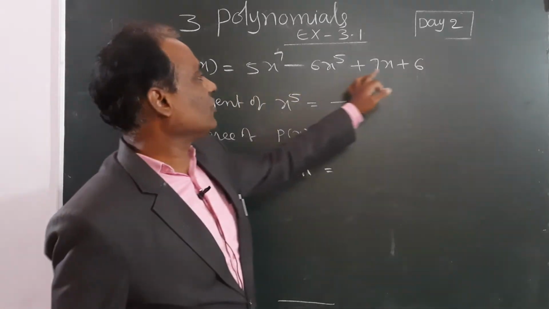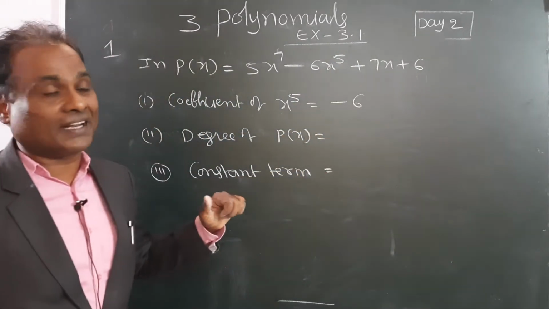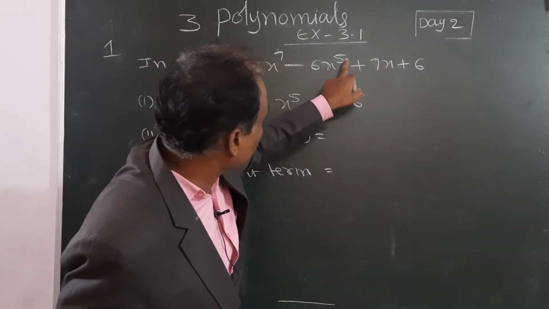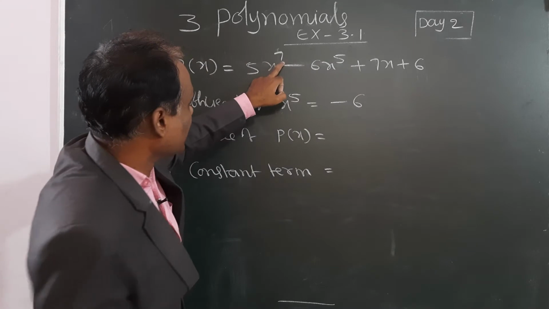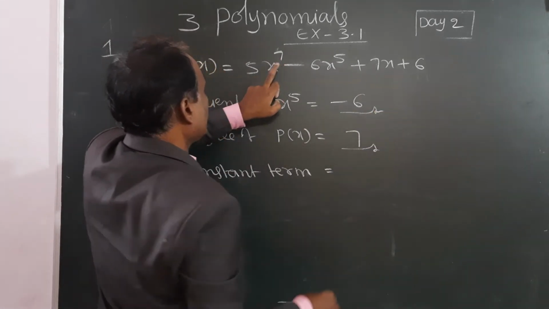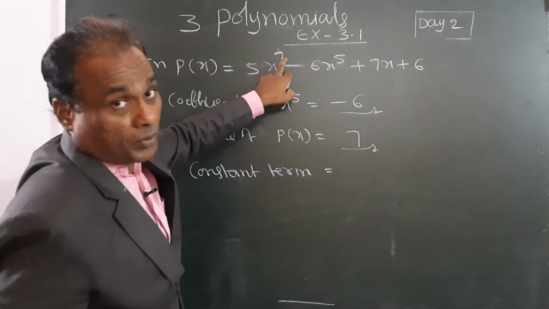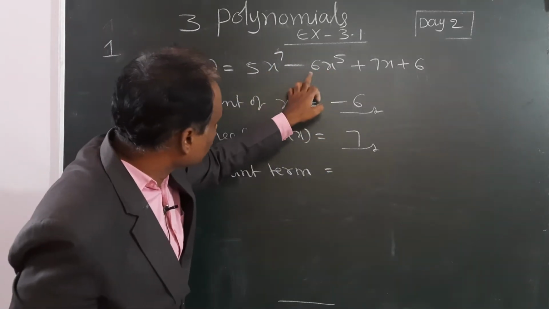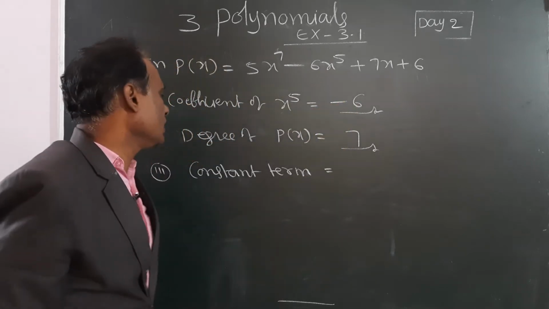What is the degree of this polynomial? Degree also I explained. The highest power of x is called degree. x power 1, x power 5, x power 7. 7 is the highest. Degree is 7 and the x power 5 coefficient is minus 6.